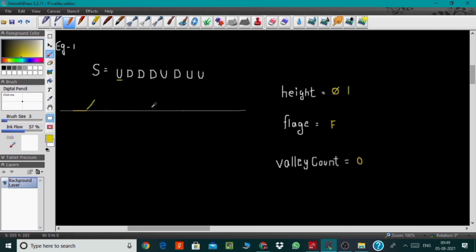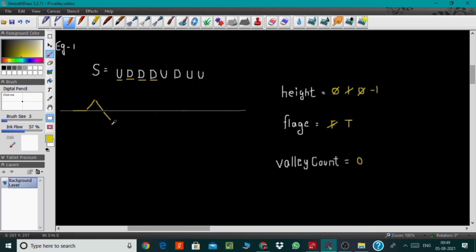Initially we are at the sea level, and first we move up, and height becomes +1, which means we are above the sea level. Then we move down and height becomes 0, and we are back at the sea level. Then we move down again and height becomes -1. Now height is negative, which means we are below the sea level, and I'll make this flag true because we have entered a valley.